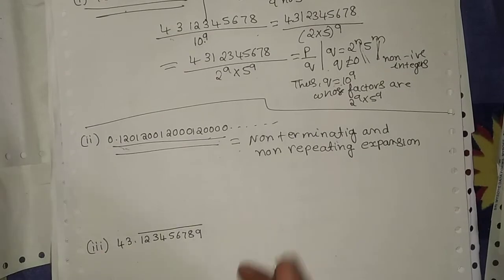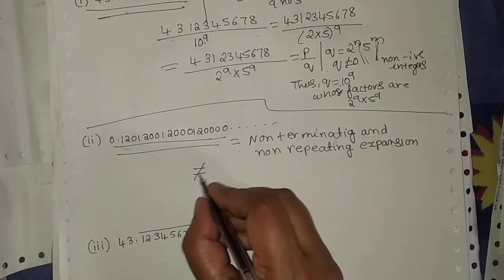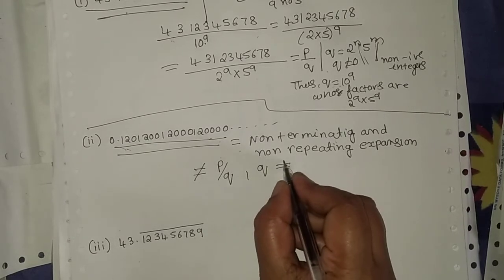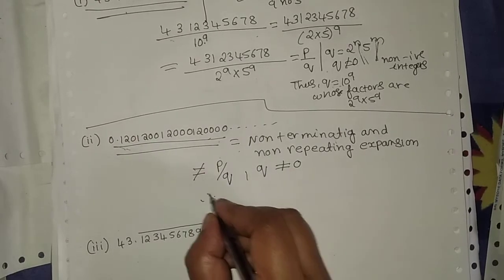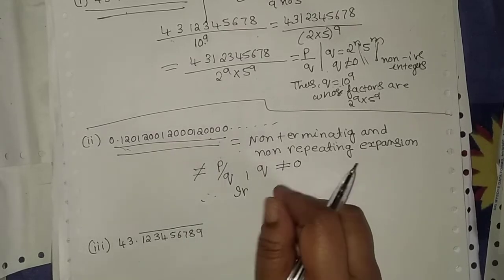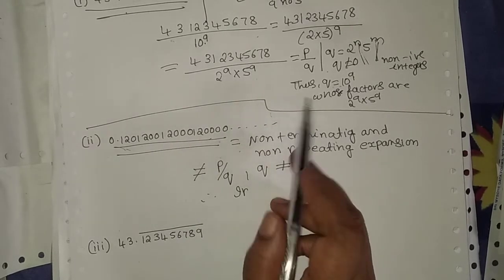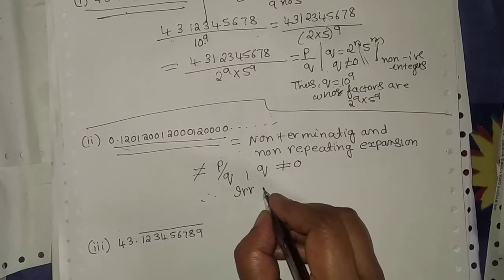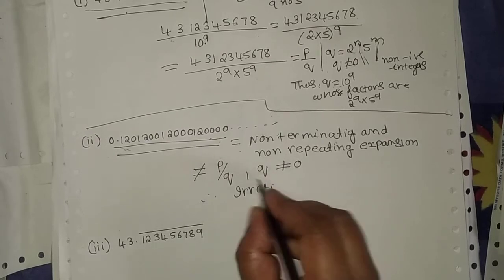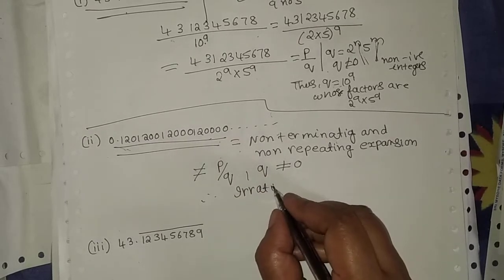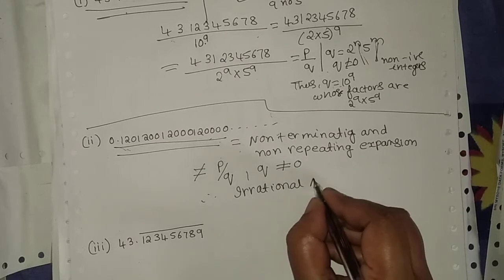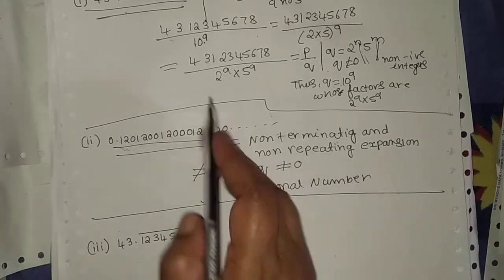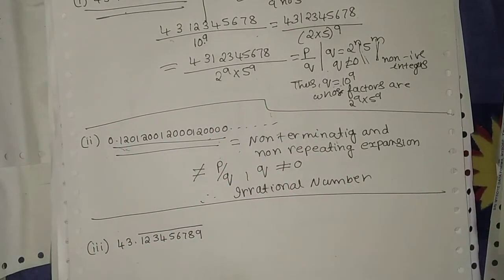Therefore this is not equal to P by Q with Q not equal to 0. Therefore it is an irrational number. So we have to decide whether this is a rational or irrational number, and here we write it is an irrational number, since it is not in this form. So this we finished here.